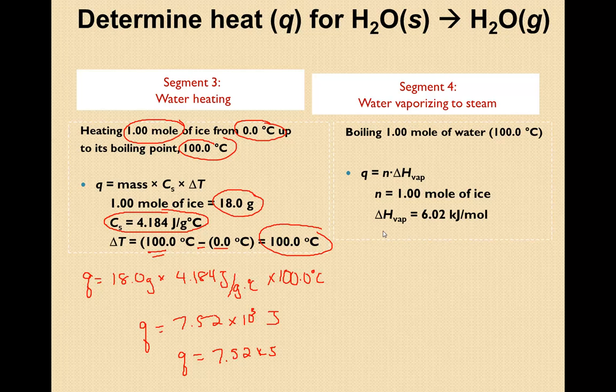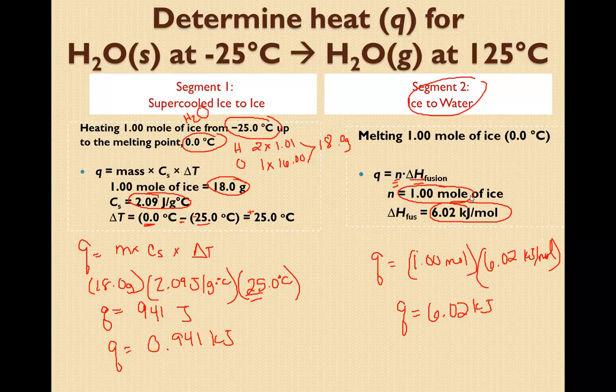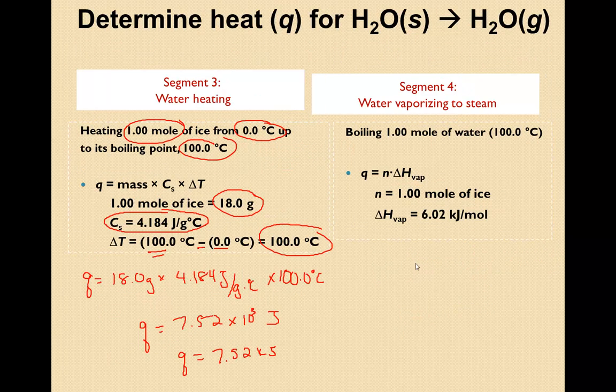Now we are right here on the graph. We're at the boiling point, and we have to wait for it all to boil to turn into gas, and that's the heat of vaporization. This should say 40.7 on your notes.